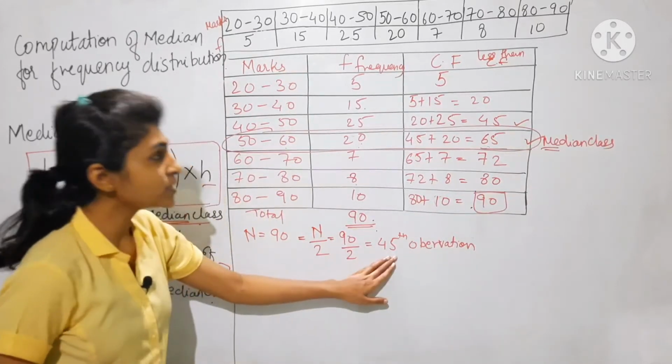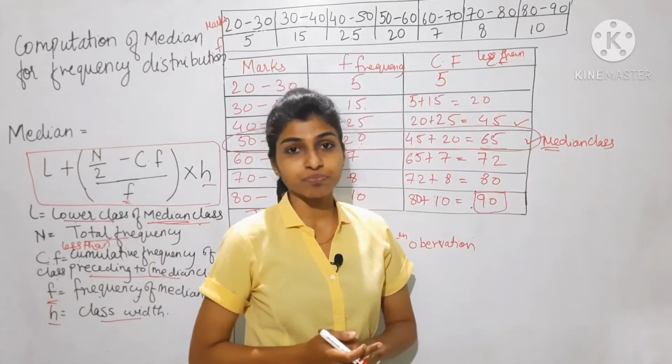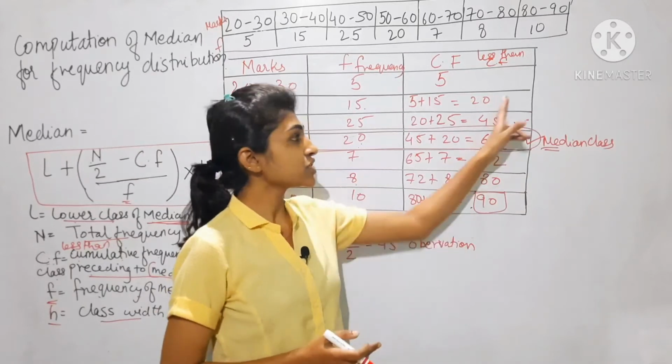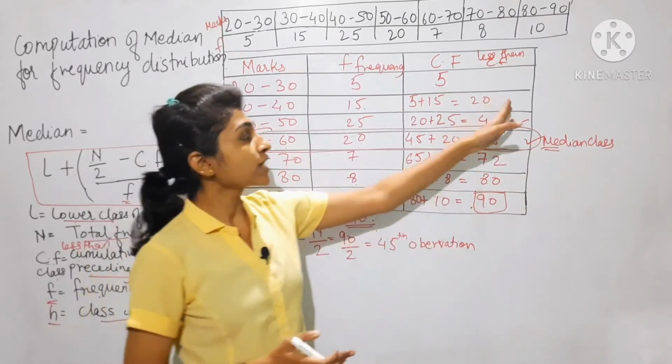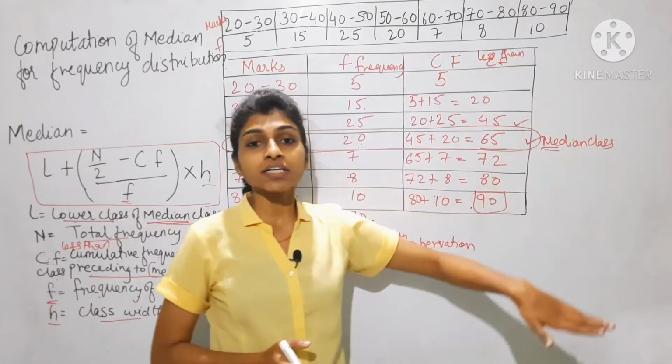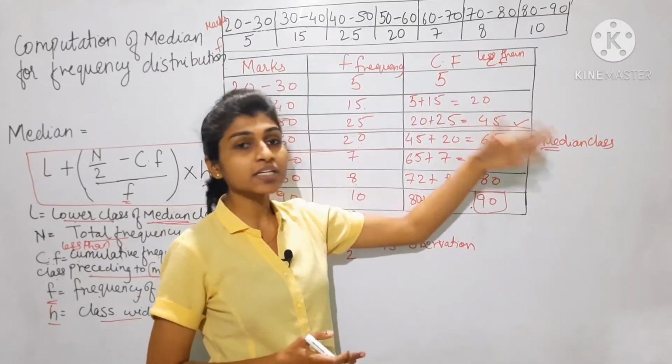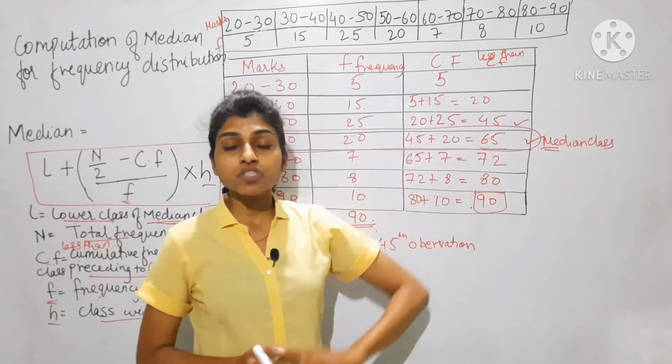Suppose the observation I have got is 20. Which will be my median class? The class which is greater than 20, that is 45.